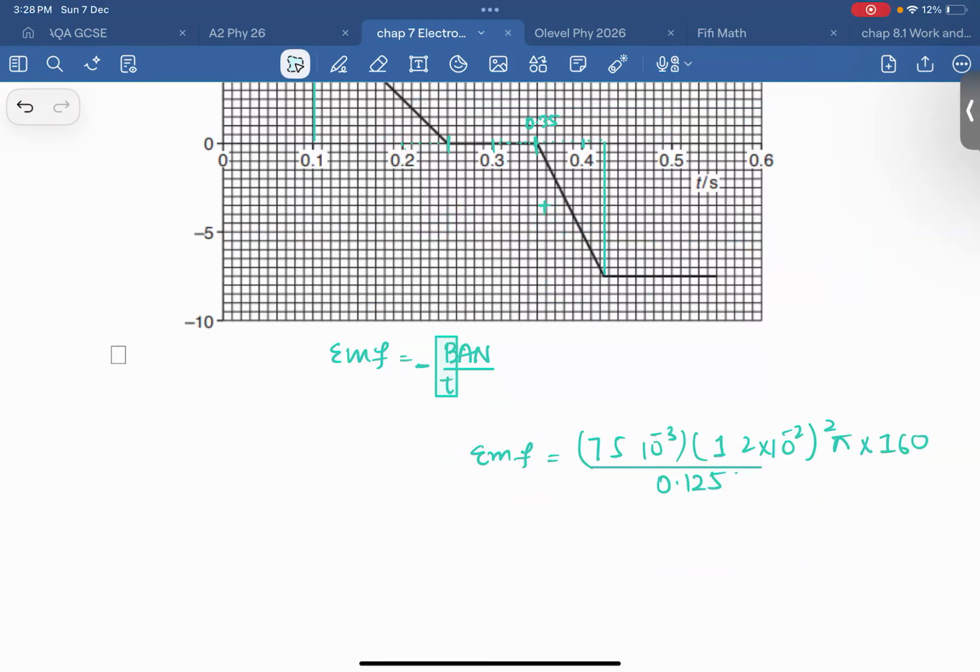So 7.5 exponent -3 into 1.2 exponent -2 whole squared into pi into 160 divided by 0.125.